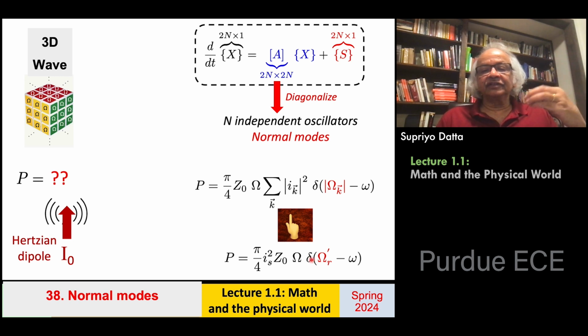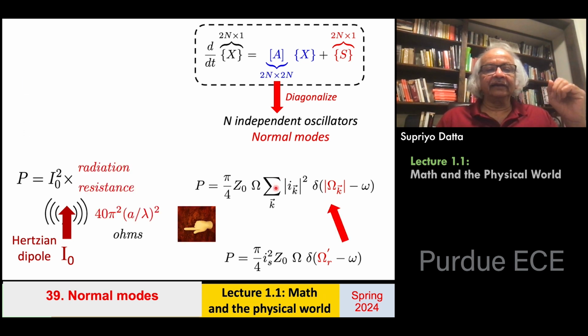All I have to do is take that expression and sum over all these independent modes. When you're in free space, those modes can be labeled with what I've written here as this k vector. We'll show you that you can actually perform this sum analytically to get an expression for what's called the radiation resistance.